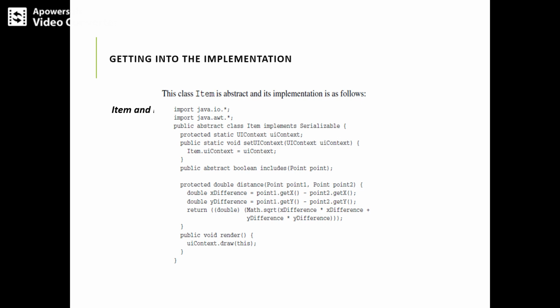Similarly, we have a public void render, rendering the items, where UIContext draw is called for this object. So this is the abstract class Item, which implements Serializable. This is the complete code of this declaration part. Next we are going to discuss the UIContext, the next part.